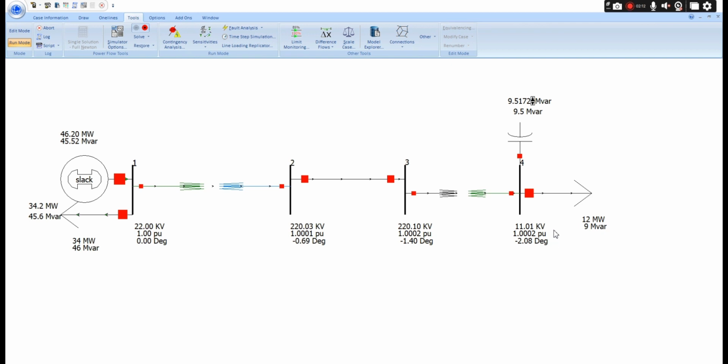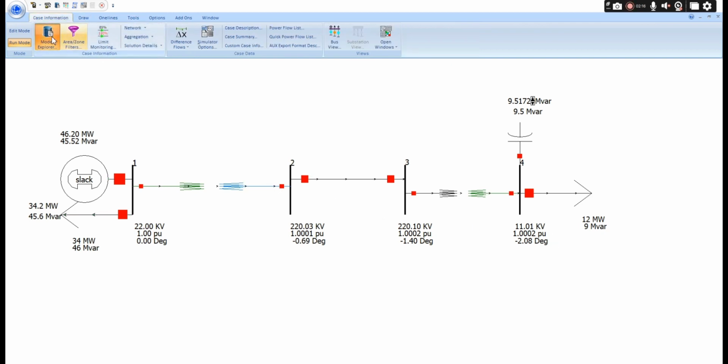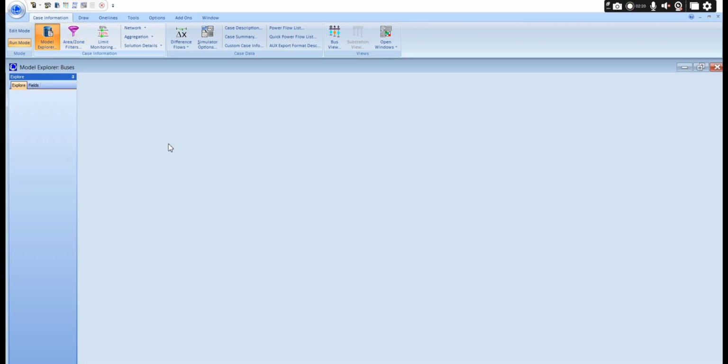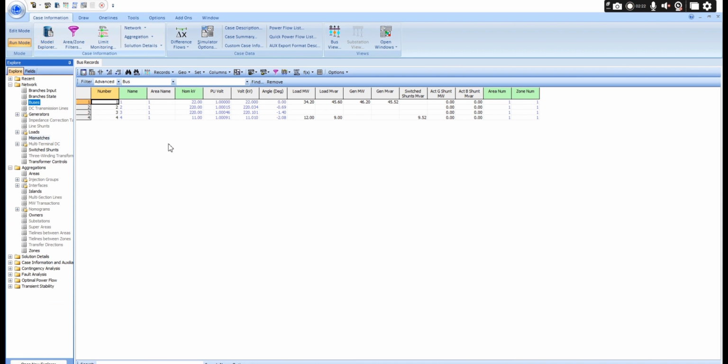Okay, this value reaches 1. So now let us go for Table 2. This is the value for Table 2. This is the value of volt, angle, and this is the load MW, this is load MVAR, this is Gen MW, this is Gen MVAR, and this is switched shunts MVAR.